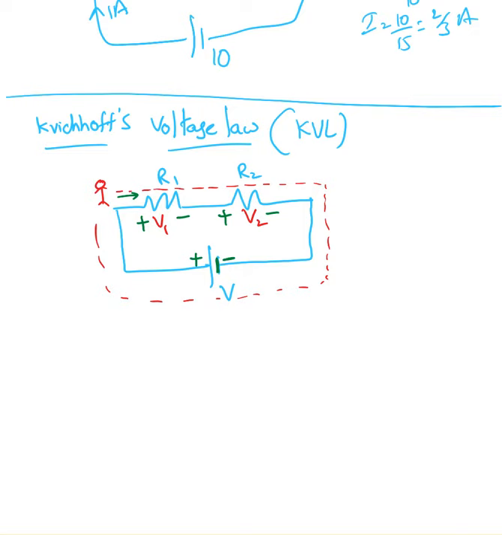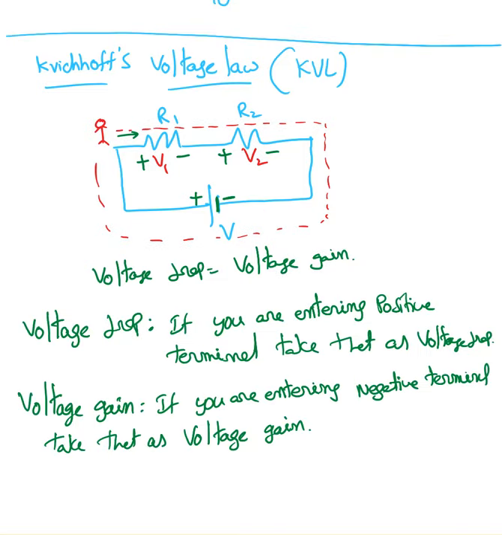Now, according to Kirchhoff's voltage law, voltage drop equals voltage gain. How do you define voltage drop? If you're entering a positive terminal, take that as a voltage drop.